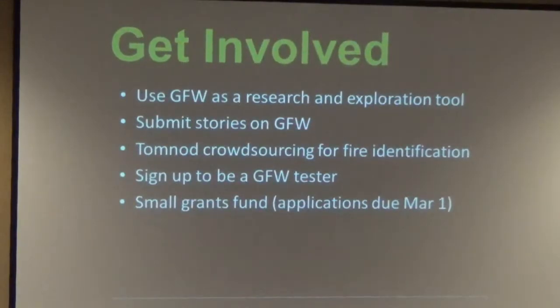The small grants funds are somewhere between $10,000 and $40,000 issued to nonprofit, civil society, academic organizations that are using Global Forest Watch to improve forest management at the local level. So projects can use Global Forest Watch as a means to communicate with grassroots communities, to advocate for improved forest management, to create new information that we don't have on the platform.